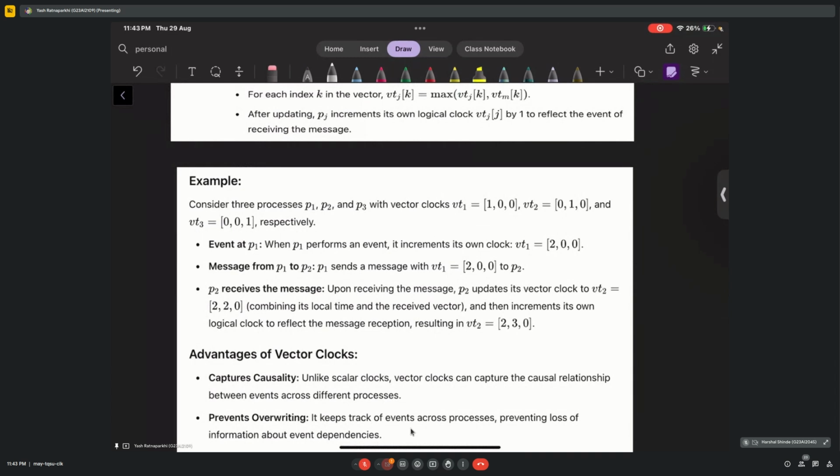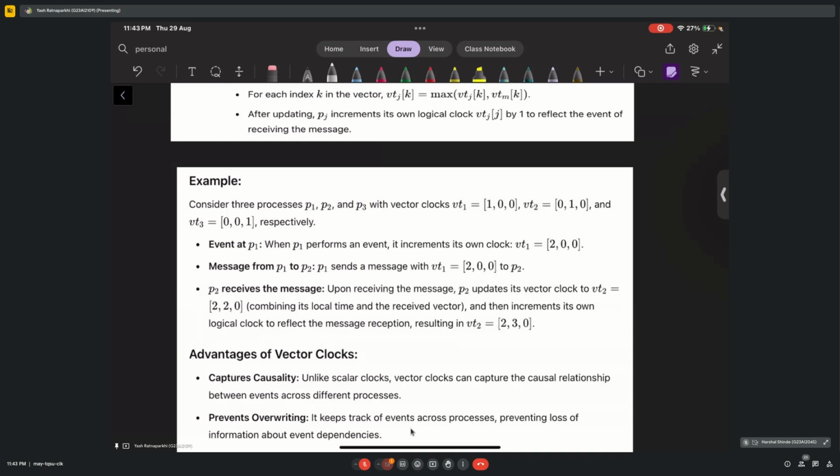Consider three processes with vector clocks 1, 0, 0; 0, 1, 0; 0, 0, 1. Now an event is happening at process P1. When P1 performs an event, it increments its own clock and VT1 becomes 2, 0, 0, as you told. Okay. Now the message passing from P1 to P2.